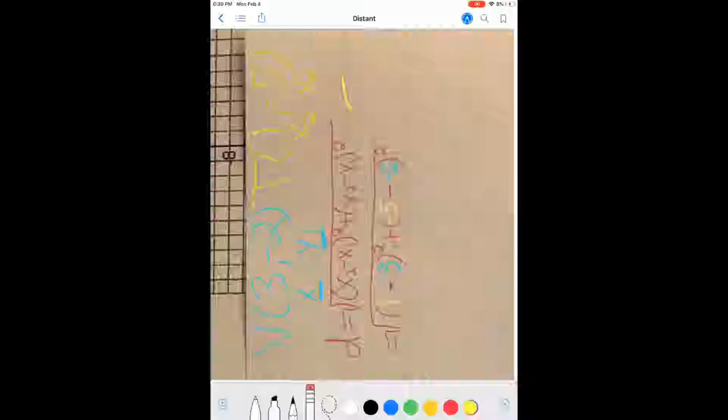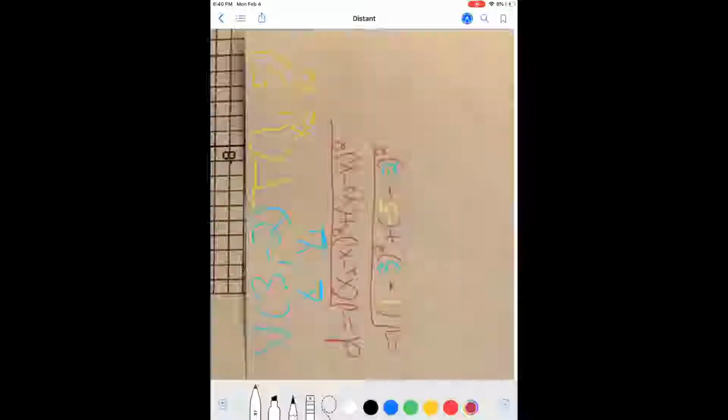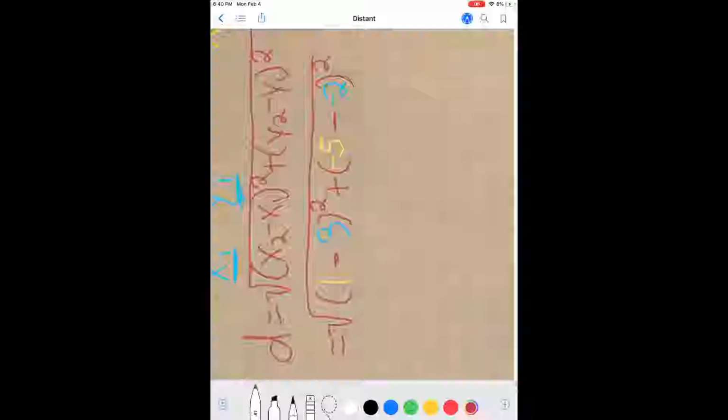So now we're simplifying. What we want to do is figure out what our parentheses are going to be. So we still have equals, square root. Well, 1 minus 3 is going to give me -2 squared. The addition is always still in between there.